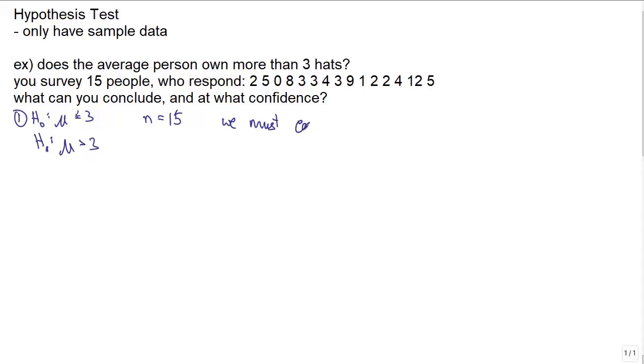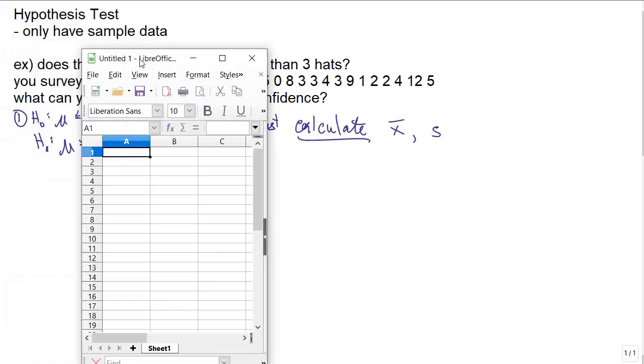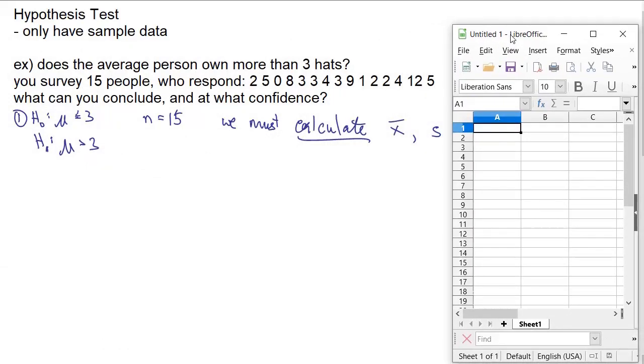We must calculate the sample mean x bar and the sample standard deviation s. We could do that by hand. We've got 15 numbers. We know how to calculate a mean, and we also know how to calculate a sample standard deviation. Doing it by hand sounds like a lot of work, so we're going to use technology.